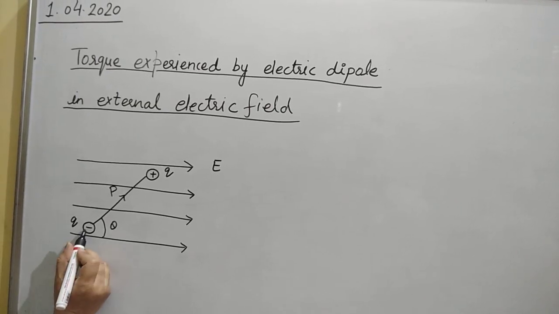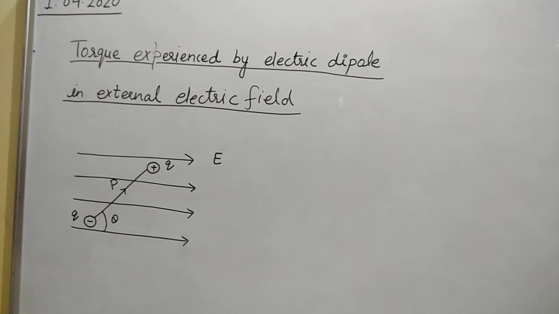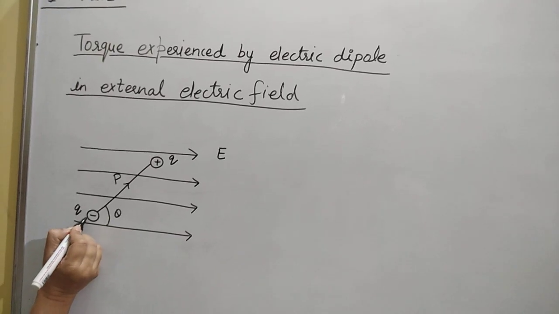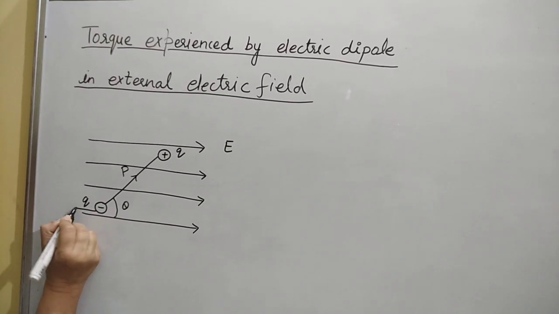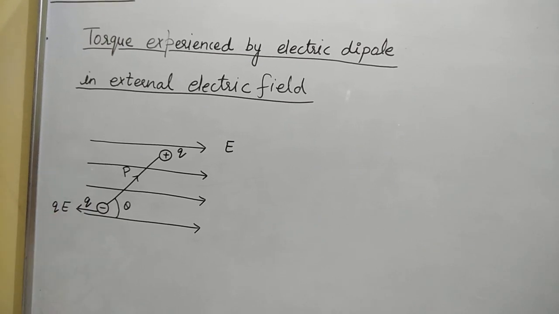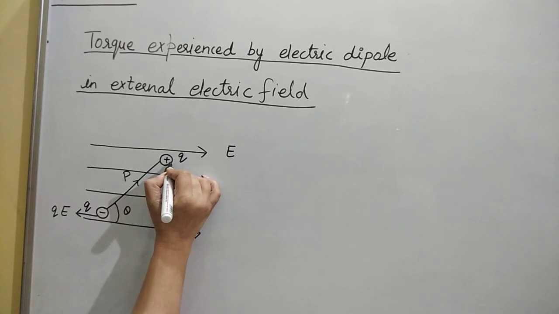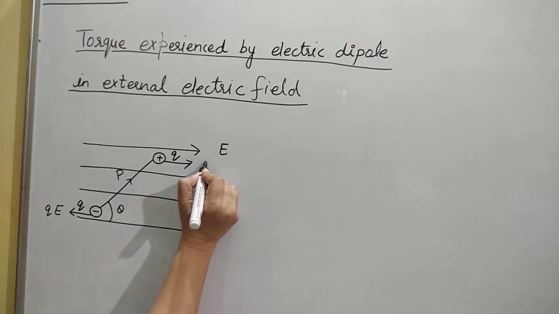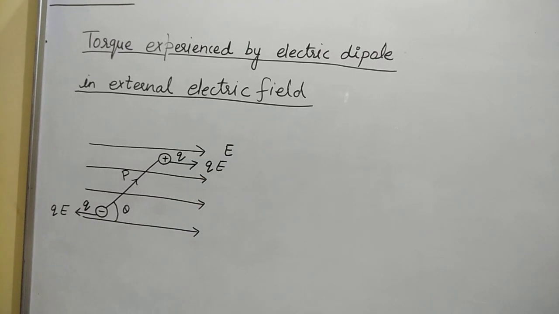Now, because these two charges are kept in an electric field, the negative charge will experience a force in the opposite direction to the electric field, which is equal to qE, and the same force will be experienced by the positive charge in the same direction of the electric field.